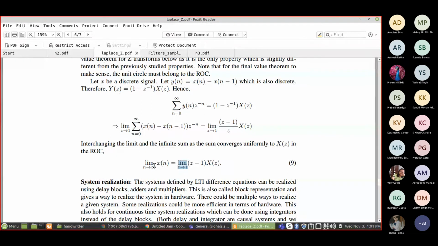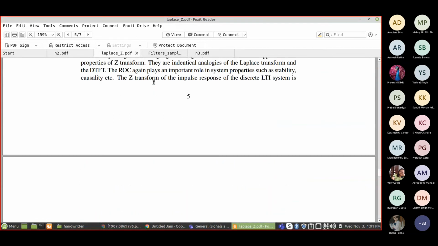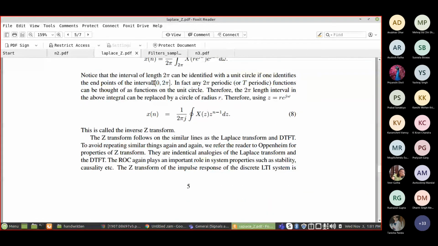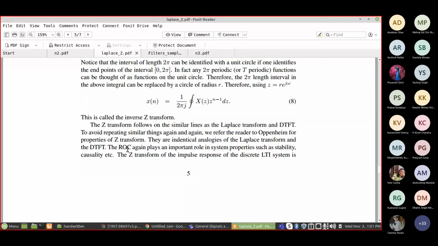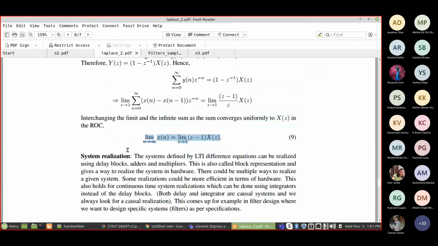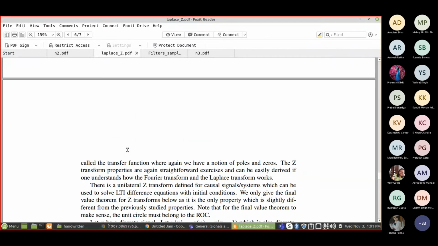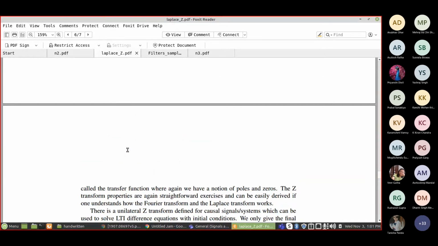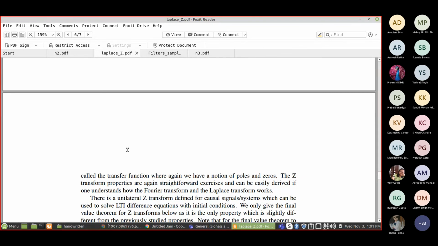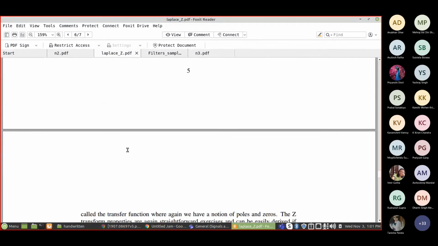The remaining properties, just go back to the Laplace transform and DTFT. Everything about the Z transform just follows from that. There is a unilateral Z transform also, which is the analog of the unilateral Laplace transform, which takes care of initial conditions while solving difference equations. And there are all these natural analogs. If we have time later, we can discuss a few more examples.